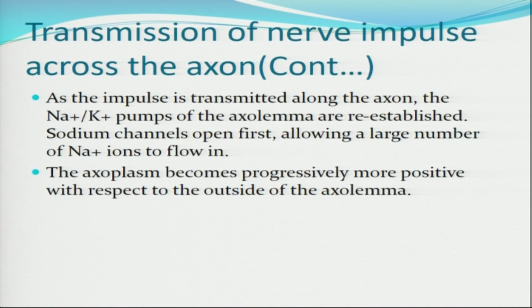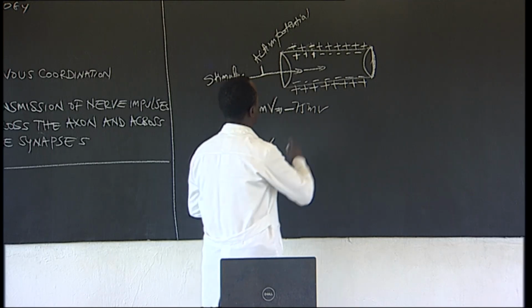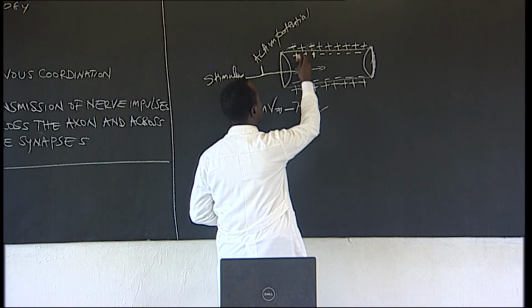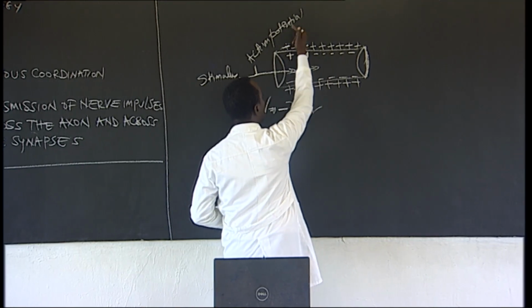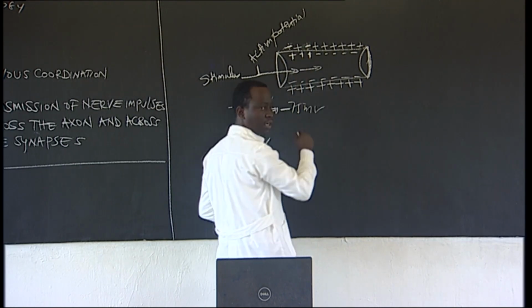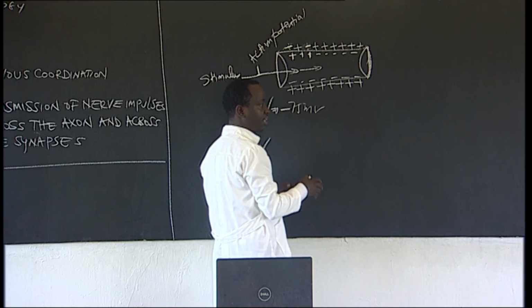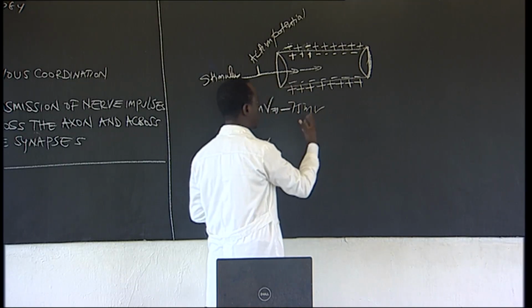Now, as the impulse is transmitted across the axon membrane, the sodium-potassium pump of the axon membrane is re-established. Re-established means that when the message is passing, positive can go back to the outside, then negative comes in. That's what you call re-establishing.